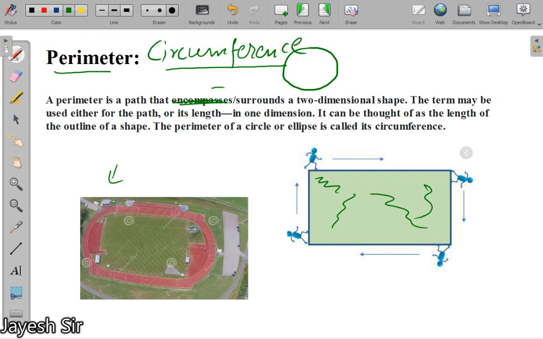It can be thought of as the length of the outline of a shape. The perimeter of a circle or ellipse is called circumference. We haven't studied ellipse yet, but know that apart from a circle there is another circular object that is called an ellipse. It looks something like this.